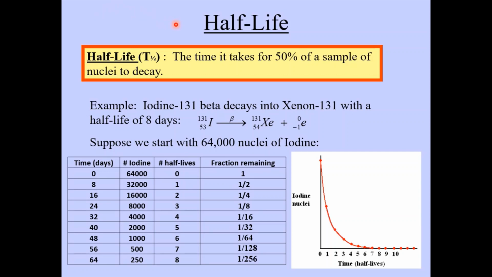One of the concepts that has to do with radioactivity is the idea of half-life. And the actual study of half-life comes from statistics. And the reason for this is that when we're talking about radioactivity, it's basically impossible to predict when any given nucleus will undergo radioactive decay.